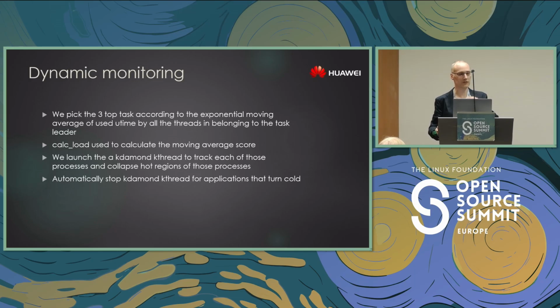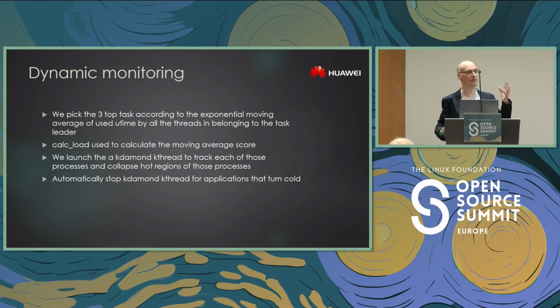The loads that you see when you run top, it will just use from the scheduler how much each processor is actually used by an actual task, right? What we wanted is to do something really similar, but use the utime, the user time per task.